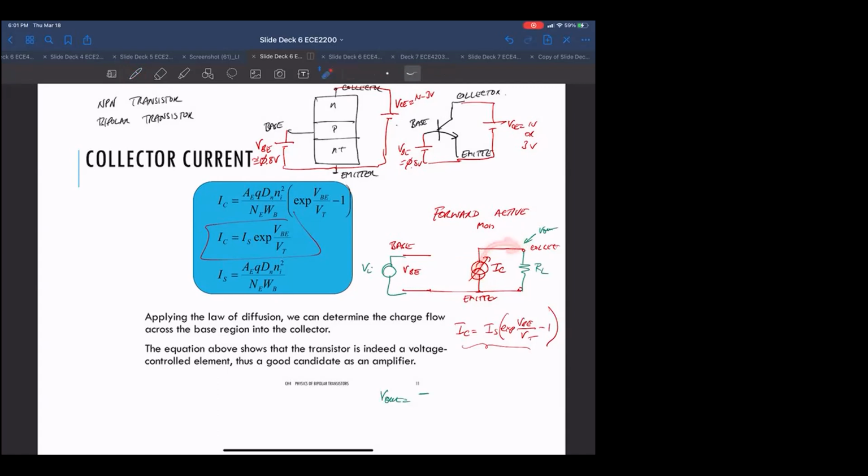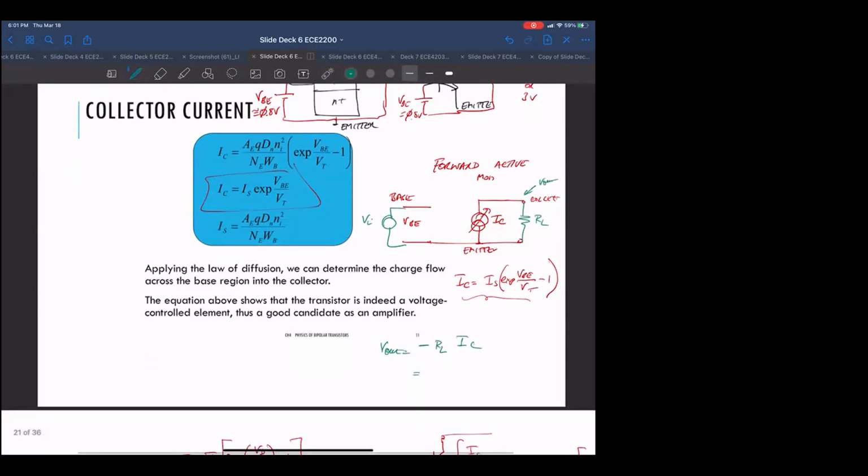Electrons are negatively charged, which means positive current is going into the transistor, into the collector. So the V out is minus R sub L times this exponentially varying current.